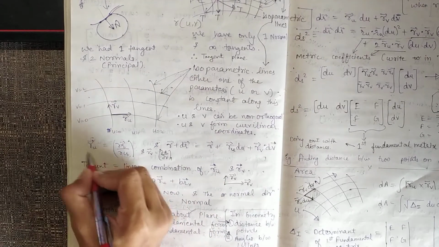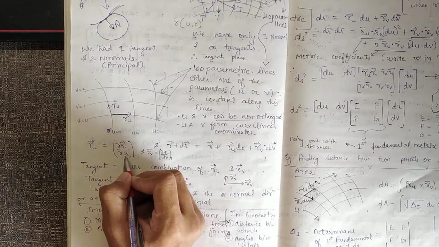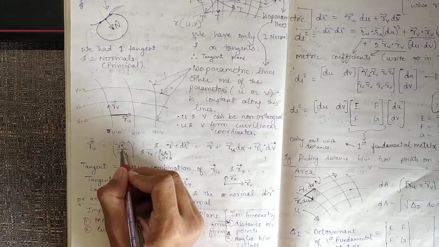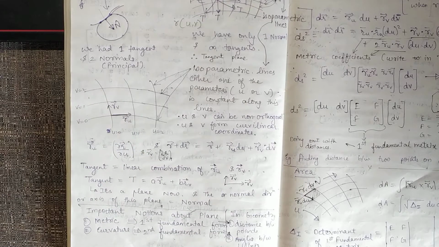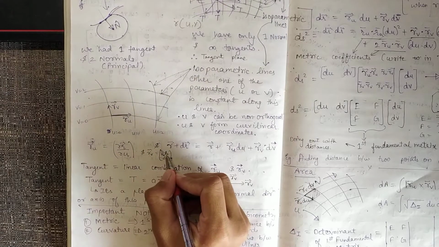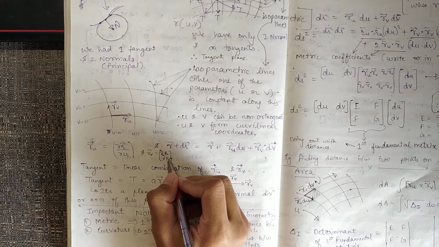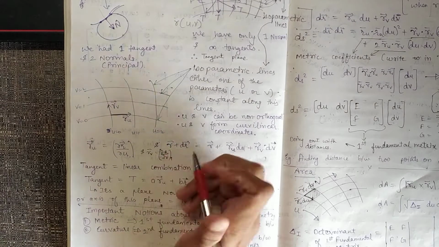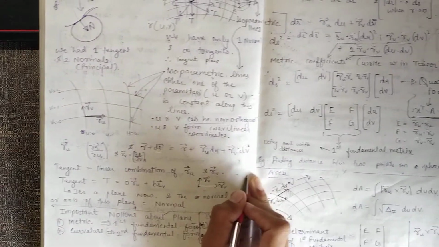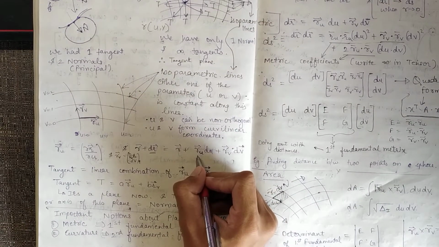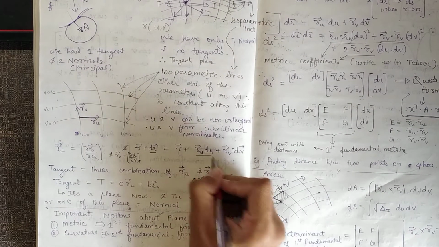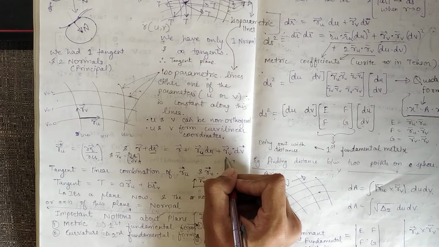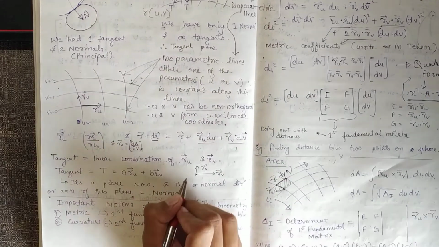Then ru is del r by del u. We use del because r is a function of two parameters, u and v. Similarly, rv will be del r by del v, and then the total change dr will include both the differential change due to traveling in the u direction and the differential change due to traveling in the v direction.